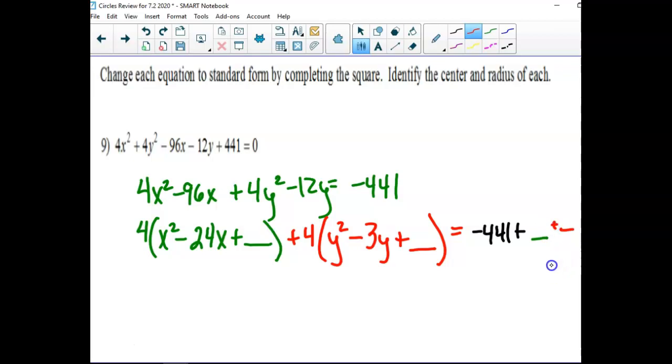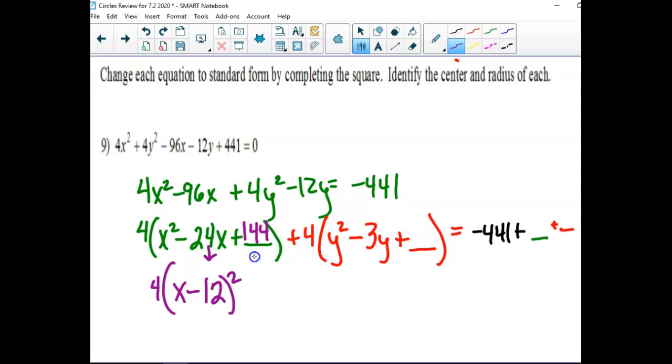Okay, this is leading into what we're going to do a million times tomorrow. We're going to do x minus, there's still a 4 out front, okay? What is half of this? When you square 12, you get 144. Now, I don't put 144 on the other side.